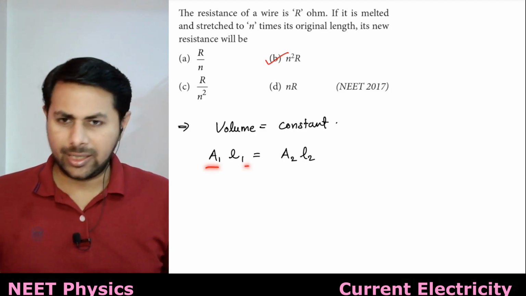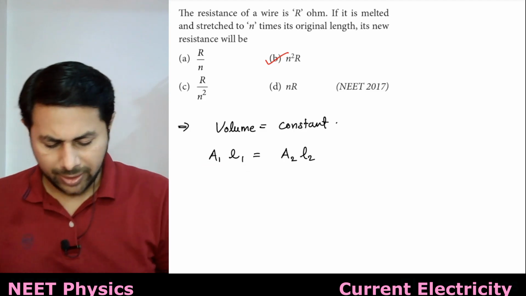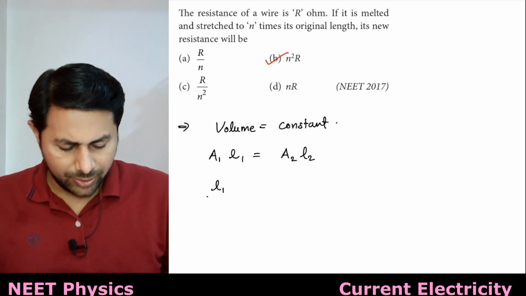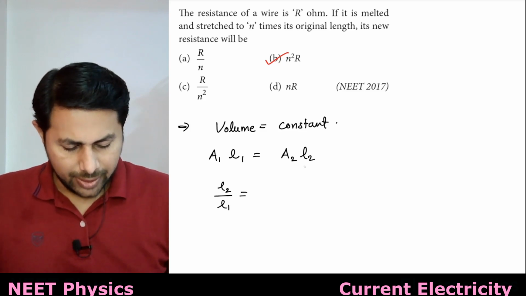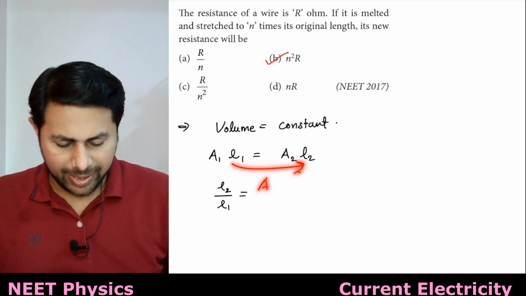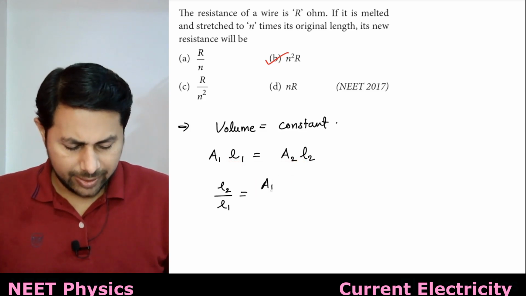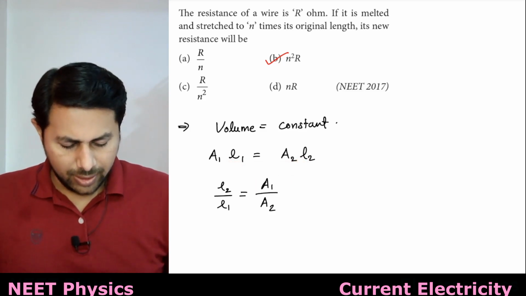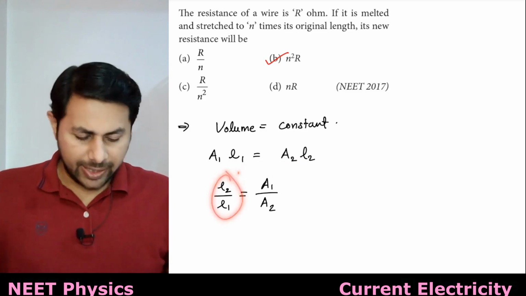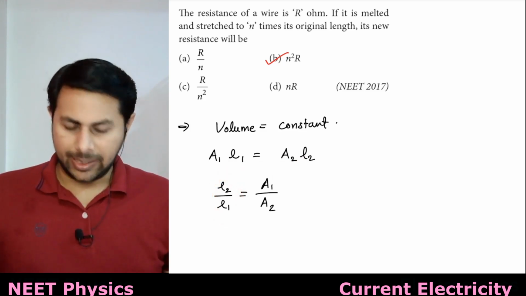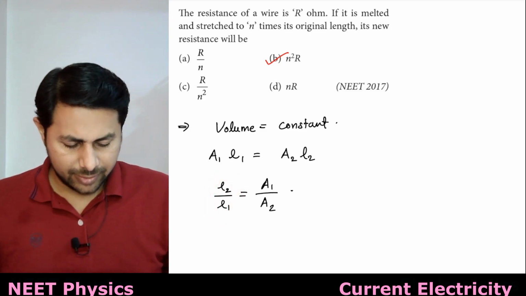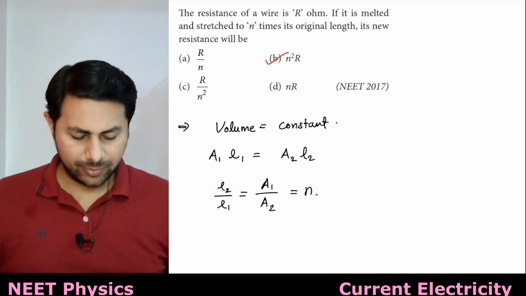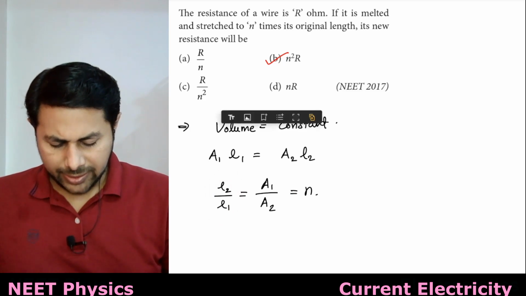Volume is area multiplied by length. From here you get the ratio L2 by L1 equal to A1 by A2, and if it is stretched n times, then L2 by L1 is equal to n. And then what is resistance?